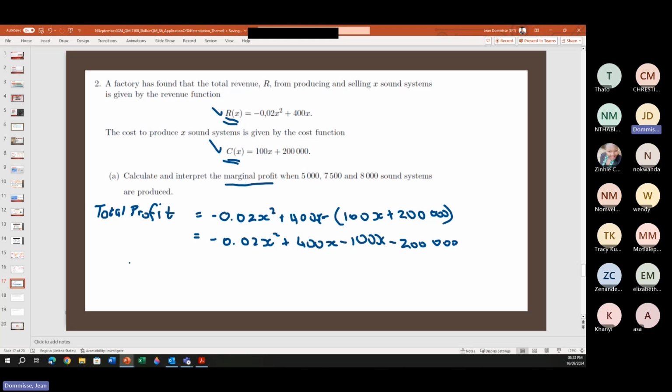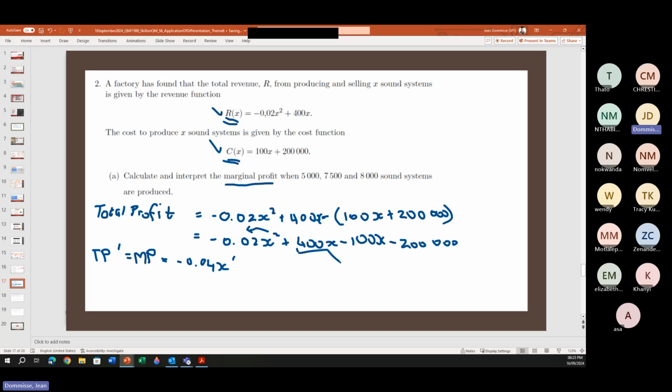If we take the differentiation of the total profit, or the first derivative, we will get to marginal profit. Again, we follow the same method. The 2 goes to the front, so 2 times that is minus 0.04x, with exponent 2 minus 1, so that's 1.